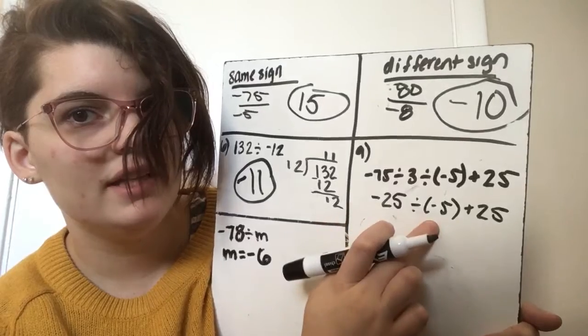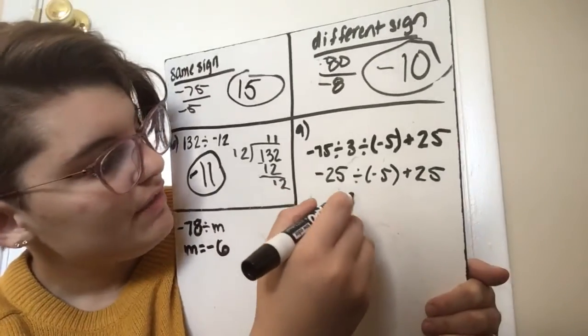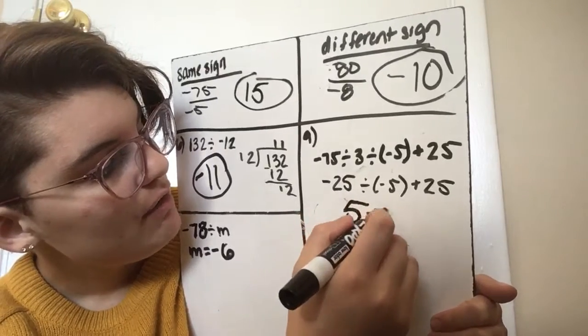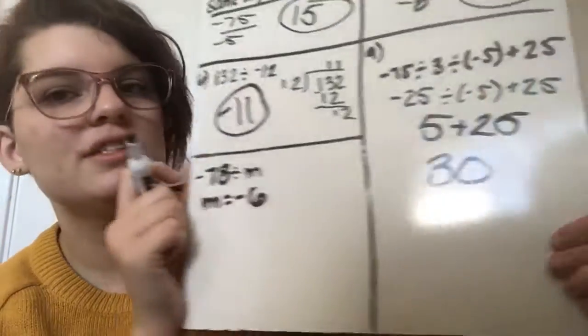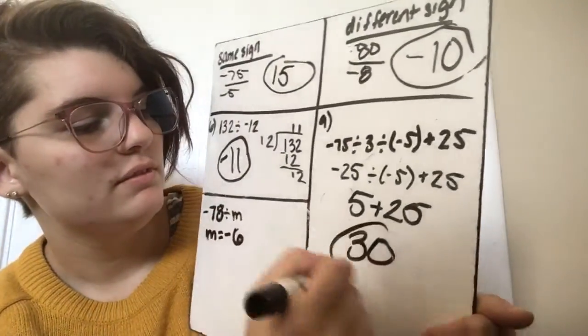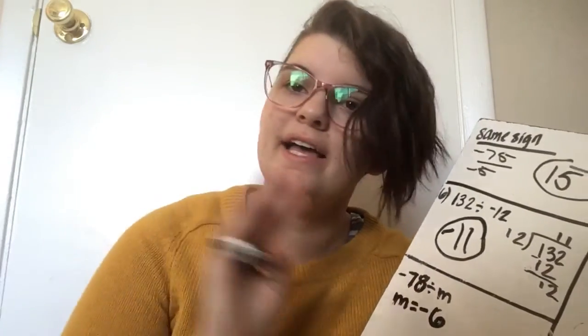Negative 25, negative 5, my answer will be positive, so 25 divided by 5 is 5. We said it was positive. 5 plus 25 is 30. Okay, makes sense? For multiplication and division, you have to go left to right. You can't go in any order you want. You go left to right.